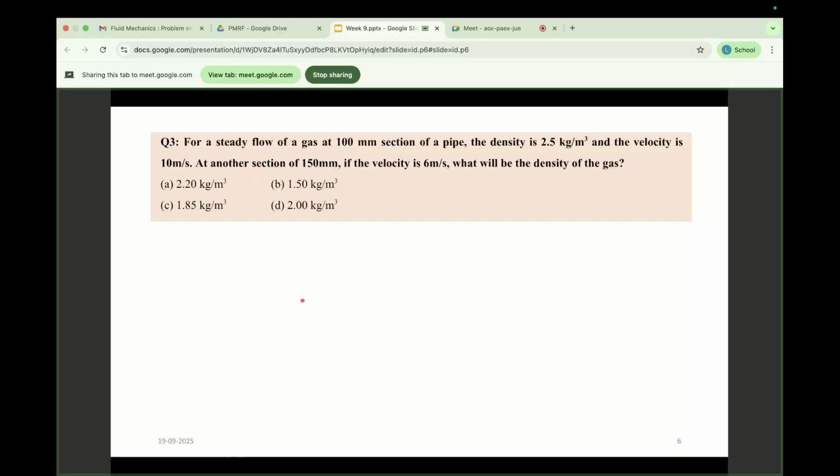So for steady flow, what we know is that whatever mass enters the system should be equal to the mass going out of the system, right?